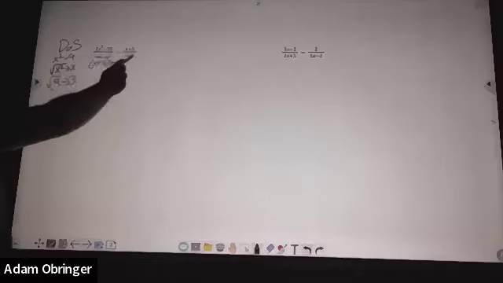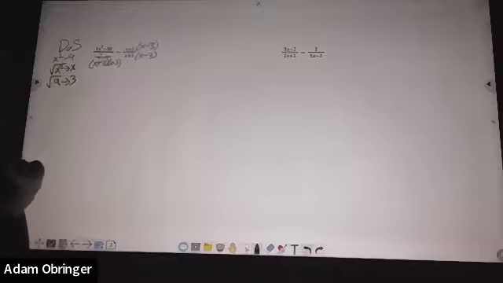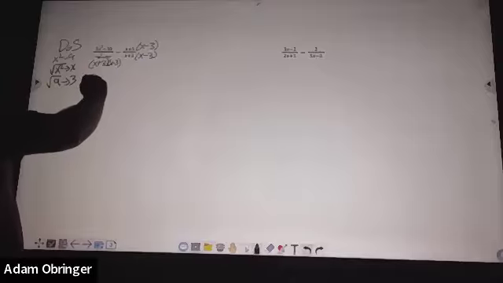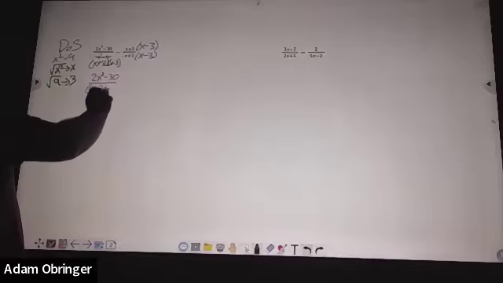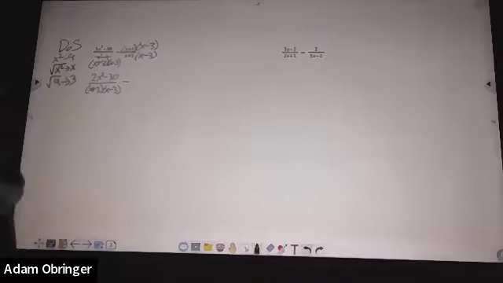And this one's already got an x plus 3, so all it's really missing is the x minus 3. So if I was to continue this down, 2x squared minus 30 over x plus 3, x minus 3, minus, I've got an x plus 5 times an x minus 3.